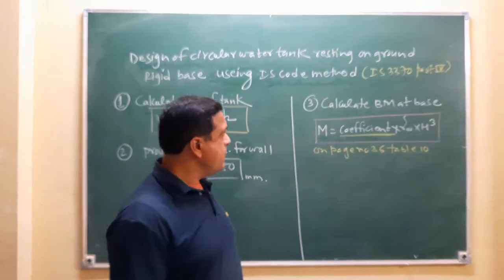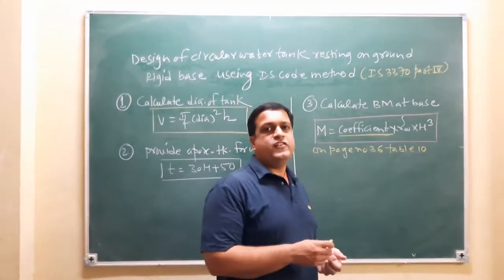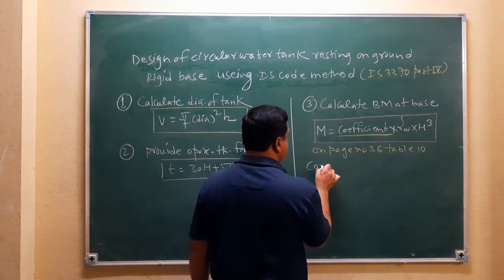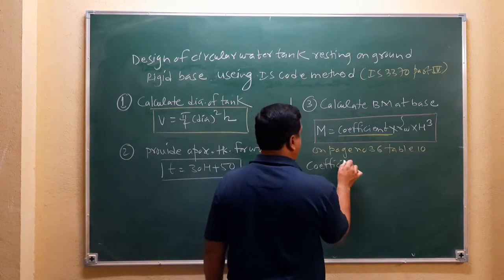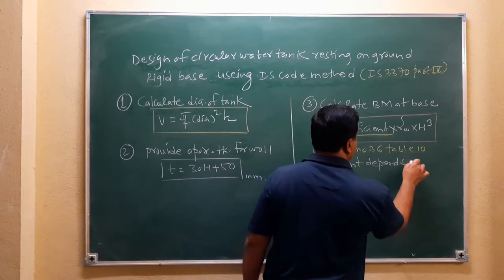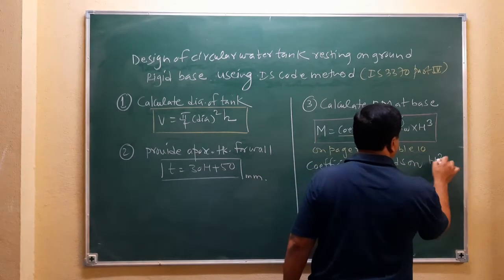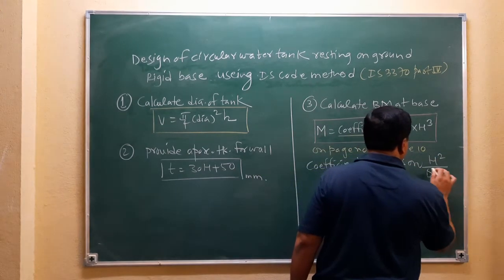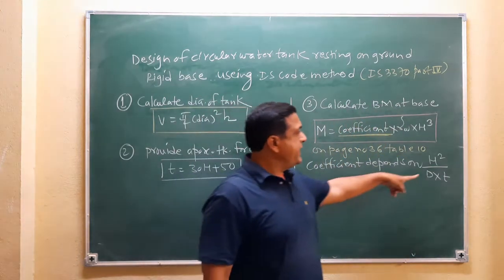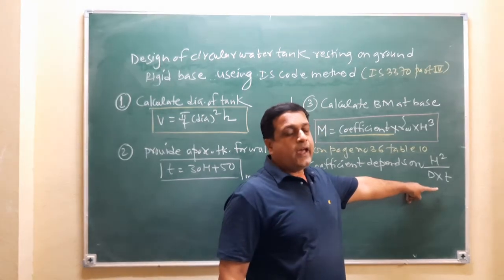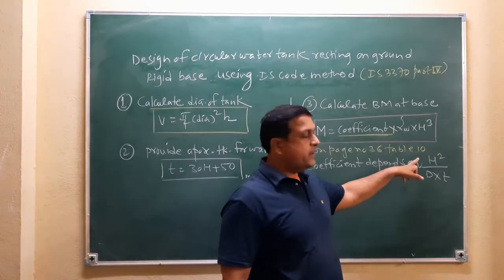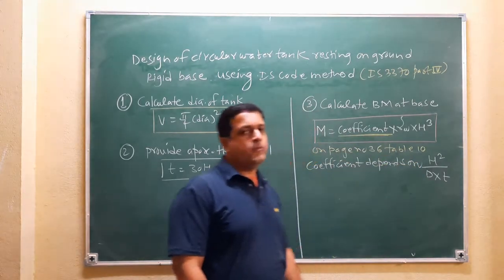But this coefficient depends on the h square upon d into t ratio. You have to first find out h square upon d into t, pick the coefficient from table 10, put it here and find out the bending moment, isn't it?